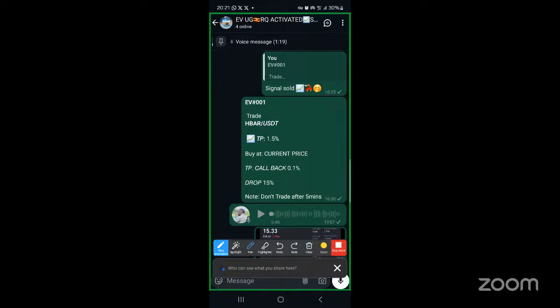Now, not every signal that is being sent, the ones that I sent today, you find that they are very good coins, but not every signal that you receive. Some of you are in different WhatsApp groups and Telegram channels, and you see signals sent out together, and you just pick a signal and get in the market.